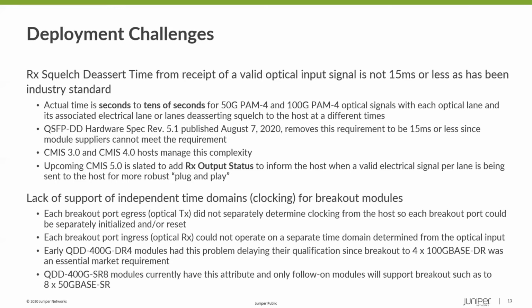The other thing that holds us up is lack of support of independent time domains clocking for breakout modules. So each breakout port egress optical transmit did not separately determine clocking from the host, so each breakout port could be separately initialized and reset. And this is one of the things that CMIS supports.